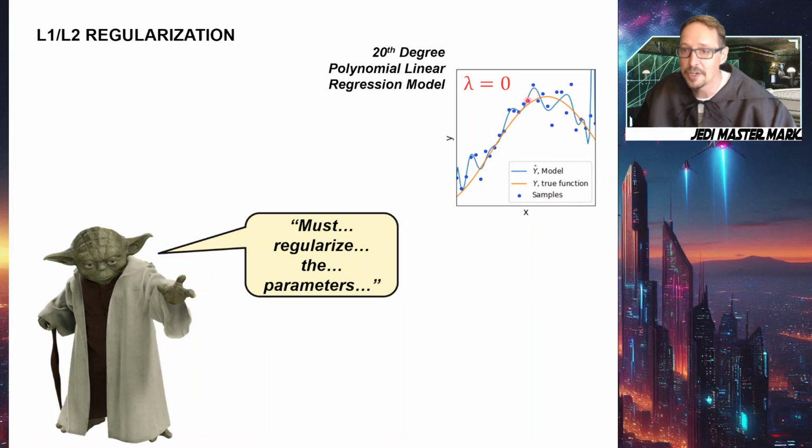These are all the noise that I added. But this is the underlying function. And so we want a model that can capture the underlying function, not a model that can capture the noise. So again, this 20th degree polynomial linear regression model that's shown in blue trying to capture all the noise, that is what we don't want. That is an example of an overfit model.